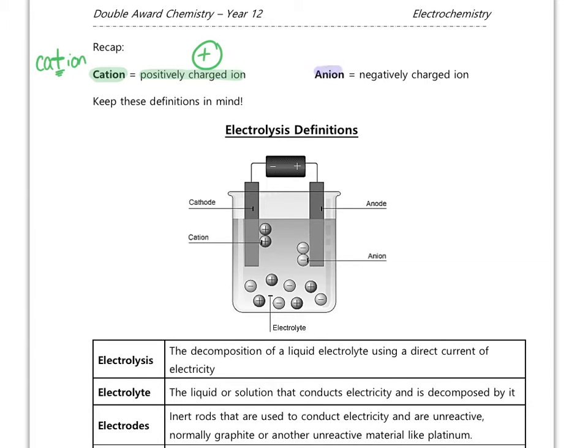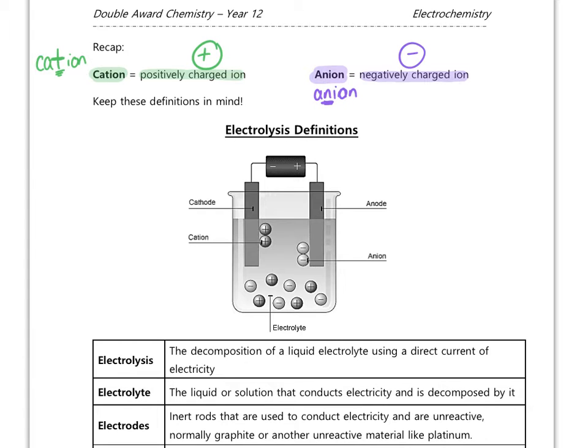Then we have got a reminder of the term anion, and an anion is a negatively charged ion. Anions are negatively charged, and sometimes we remember that by thinking of that N in anion meaning negative, N for negative. So it's really important that you keep these definitions in mind with this topic. So cations are your positively charged ions, anions are your negatively charged ions.